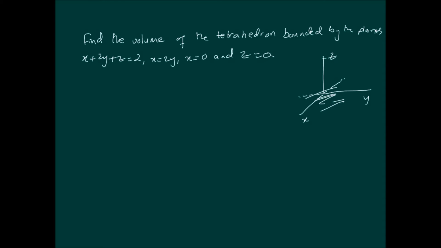So it's this plane all along here, and of course it won't go below the z-axis. So now we've got x equals 0 and z equals 0 bounding this plane. Basically, you're looking at something like this so far.